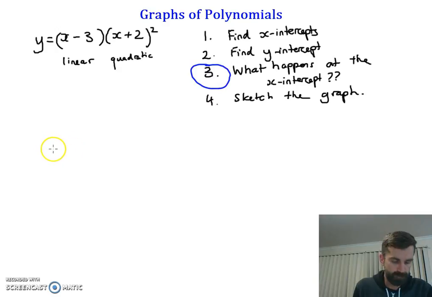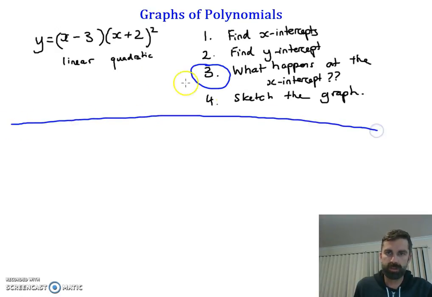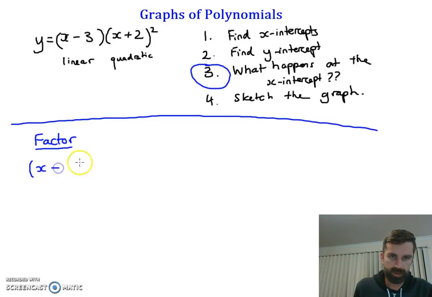There's a few different possibilities when you look at each factor in the equation. I'm just going to draw a line here because this isn't specific to the equation that we're looking at. And I want you to make sure you write this down in your book. So there's 3 possibilities for the factors. The first possibility is that we've got something like x take alpha.